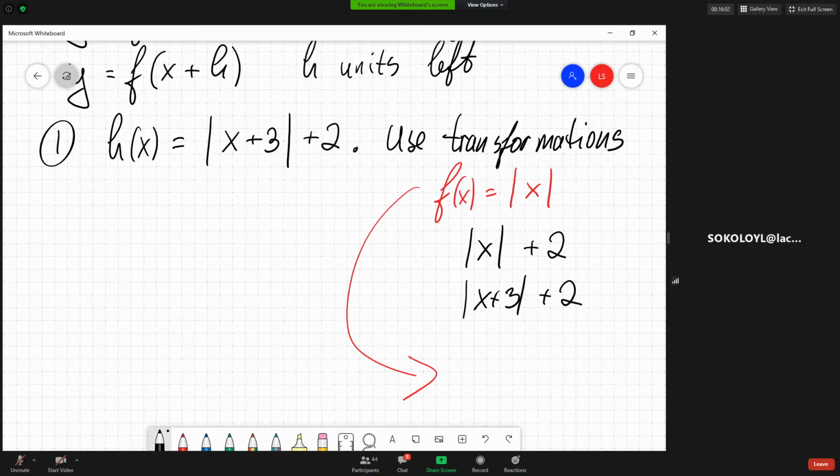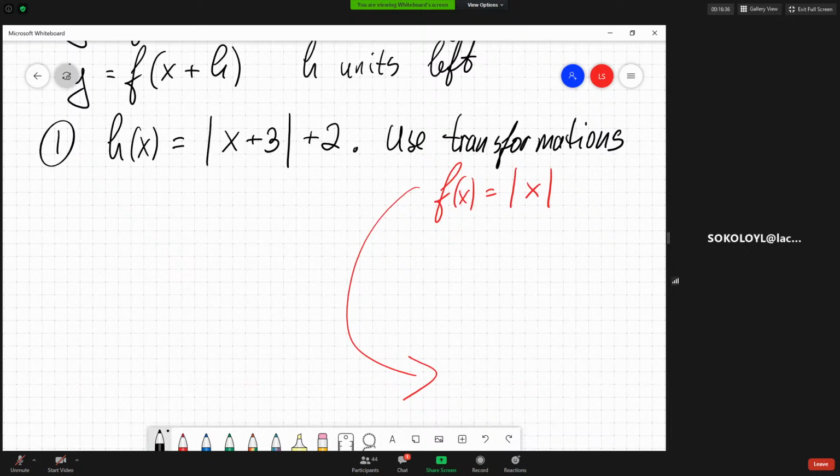But when we learn more transformations, you will see that if you do one transformation before the other, it does give you a different result. So you want to keep your transformations in such order that it gives you the proper function in the end. And in general, the vertical shift, this plus 2, is always going to be the very last one that you should apply. Sometimes it doesn't matter, but when it does, you want it to be the last one. So you'll start getting used to that.